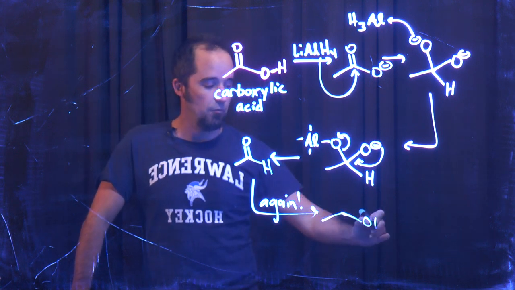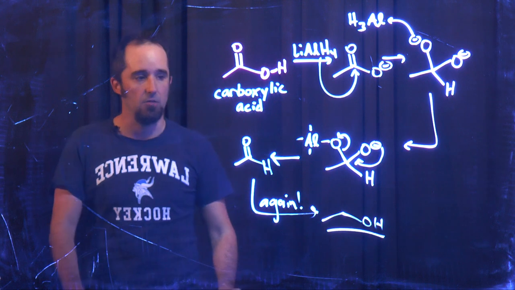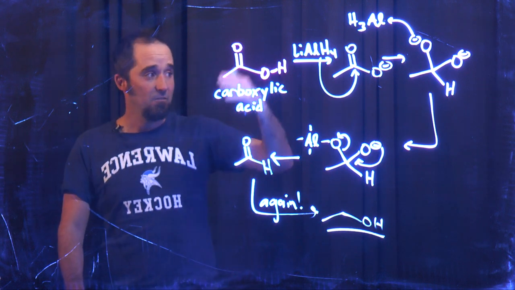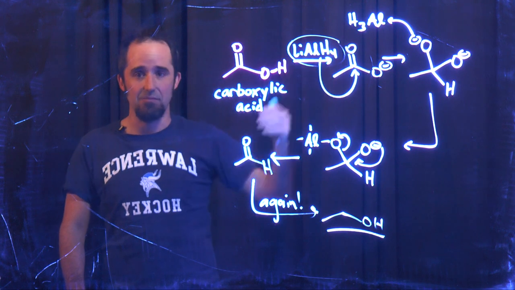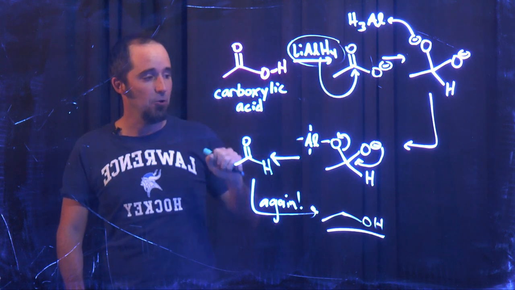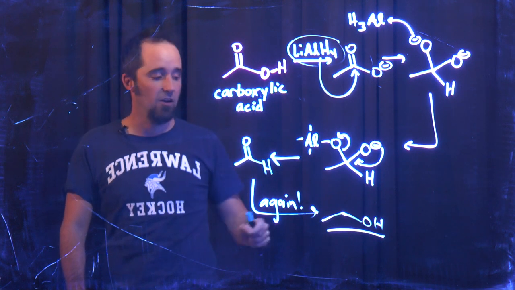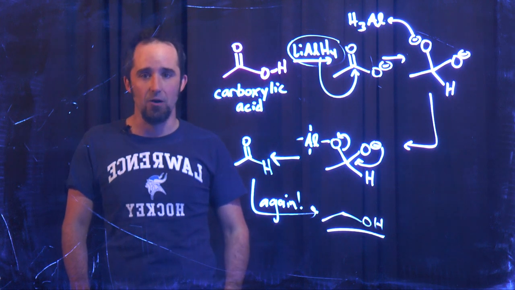And so you'll end up with the primary alcohol. So carboxylic acids are first deprotonated, but as long as you have an excess of lithium aluminum hydride, it will first get deprotonated and then react twice more to give you the primary alcohol.